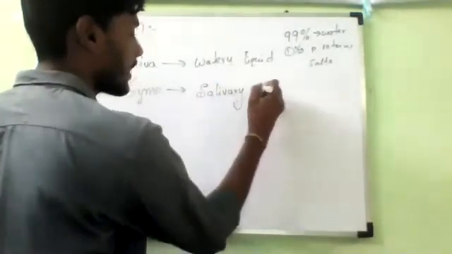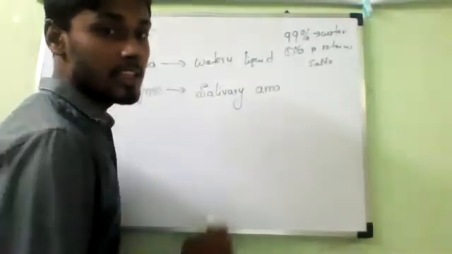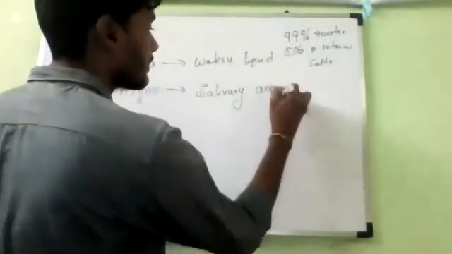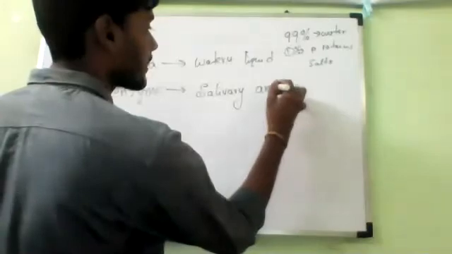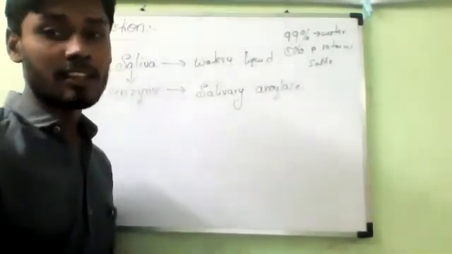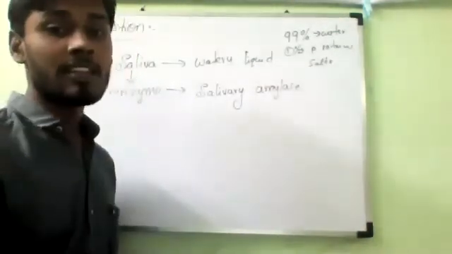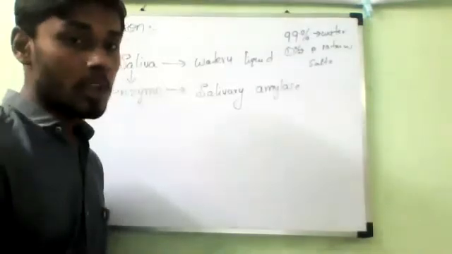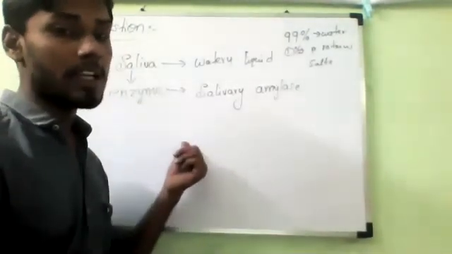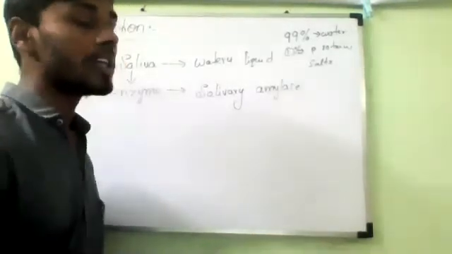That is called salivary amylase. Amylase. This is the enzyme released by the salivary gland. Now this salivary amylase digests the starch present in food into sugar.